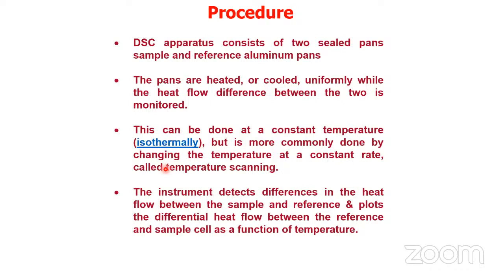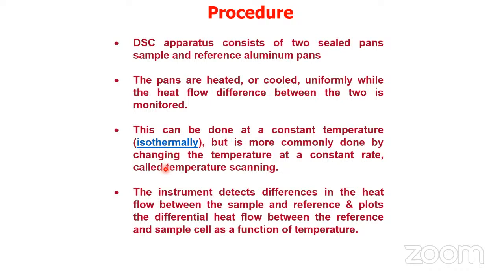As we have mentioned the thermal transitions of your polymeric material, you gradually increase the temperature, so first you will get the glass transition temperature, then the melting temperature, and then if you start cooling it you will get the crystallization temperature, correct? So accordingly you change the temperature. Changing the temperature at a constant rate is called temperature scanning.